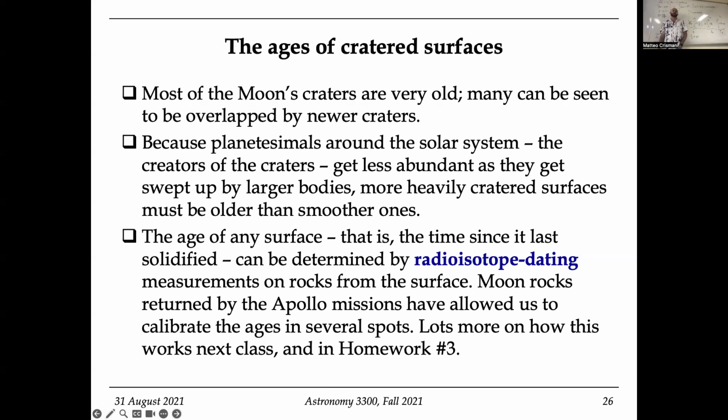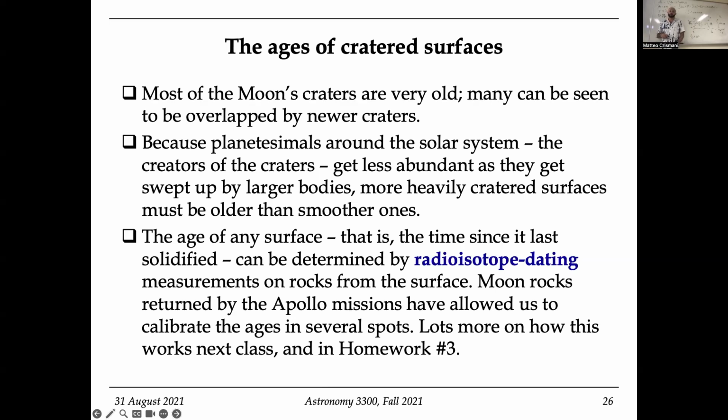Okay? So most of that happened in the early solar system. And so as you start eating up little things, you run out of things. Okay. And so we'll look at the size frequency distribution of small craters when we get to small bodies. And we'll notice obviously a correlation there. But what we can say is the more heavily cratered surfaces have to be older than the smoother ones.